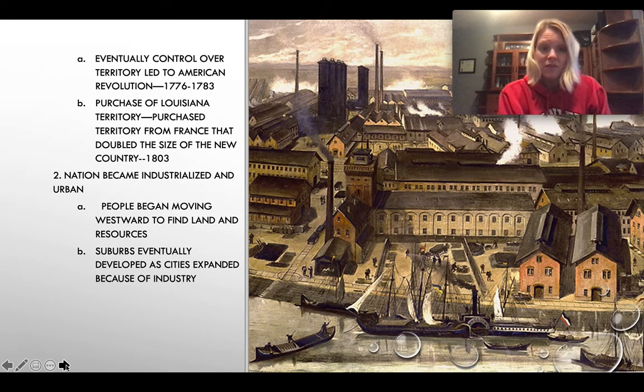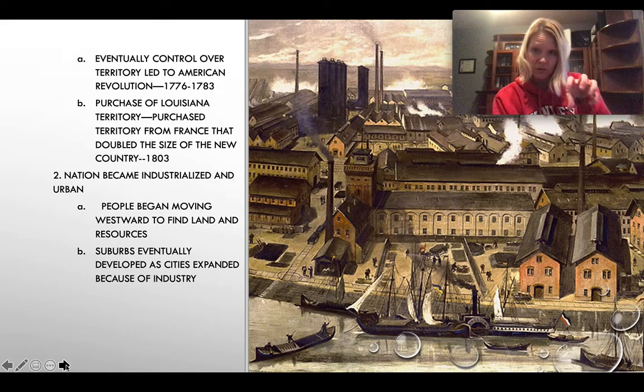And suburbs eventually are developed as cities expanded because of industries. It's not so much here in North Dakota, but you can even think of Fargo as being the city, and then the suburbs developing around it. So West Fargo is now probably considered a suburb.